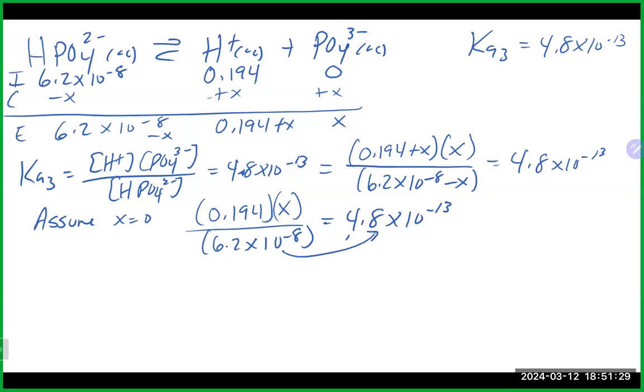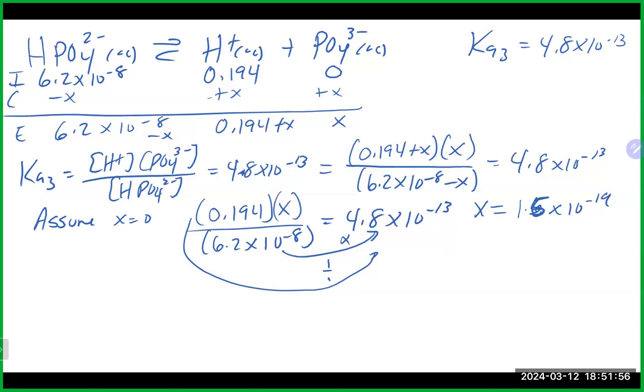We're going to multiply this guy, come back and divide that guy, right? So we'll do that. And that is going to get us an x value of 1.5 times 10 to the minus 19.